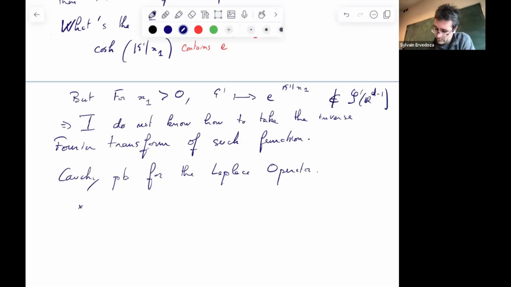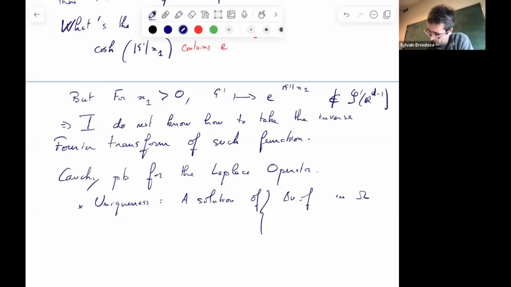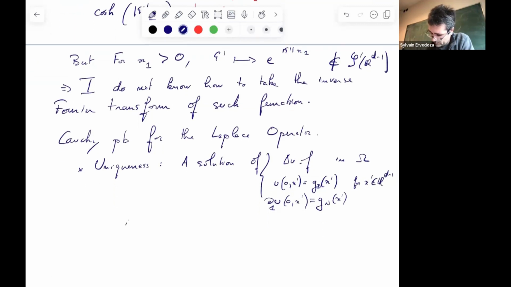So you have uniqueness, so a solution of Laplacian u equal to f in omega, with u(0, x prime) equal to gd(x prime) and d1 u(0, x prime) equal to gn(x prime) for x prime in R^(d-1), is unique. Well, I should emphasize, when it exists.